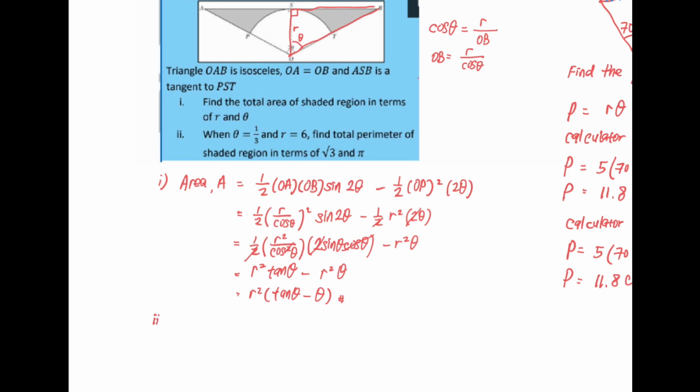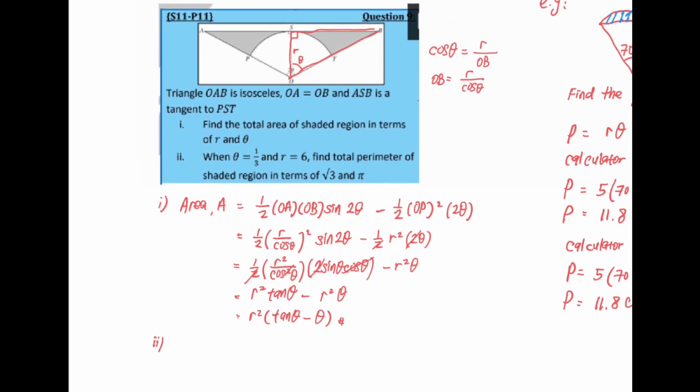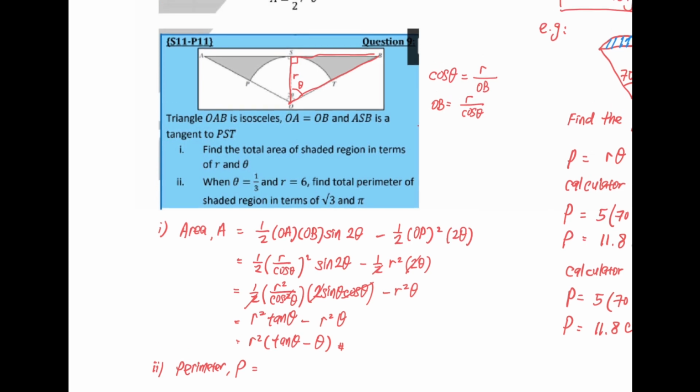Now part 2. When theta equals 1 over 3, this is radian, and R equals 6, find the total perimeter of the shaded regions in terms of root 3 and pi. Okay, so to find the perimeter, let's say I call it P. Basically we have to find out all the sides here, like AP, AS, and then the arc length PS.